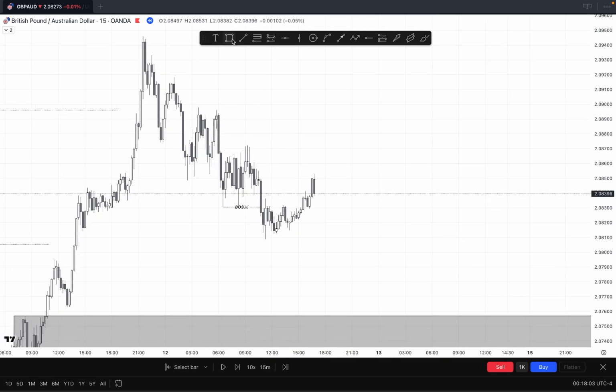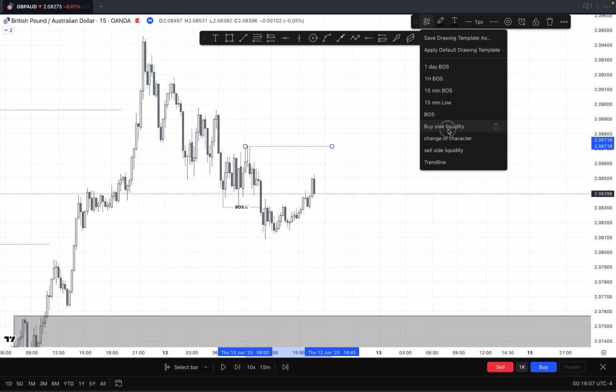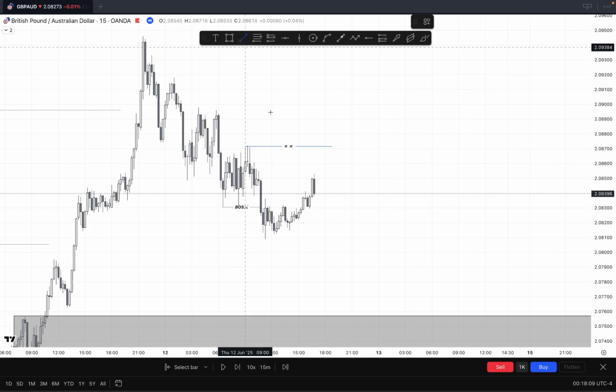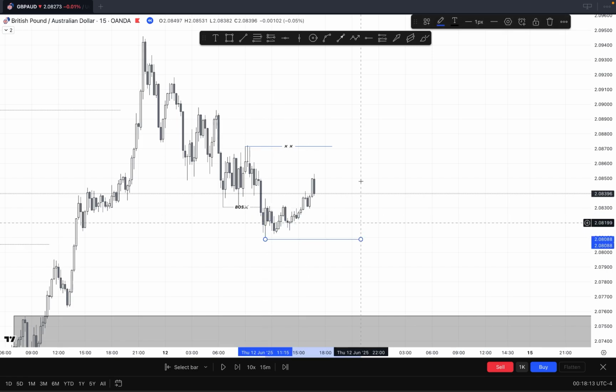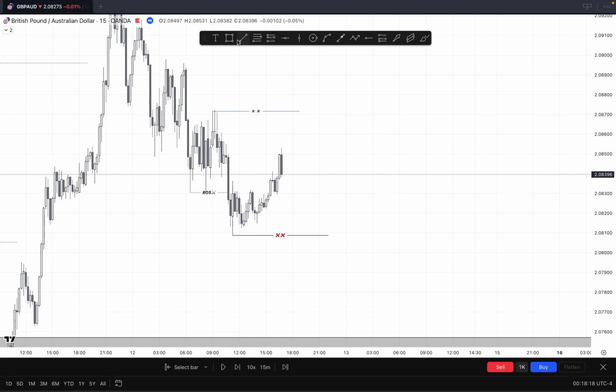The breaker structure there. High. Low right here. Tapped in the order block.